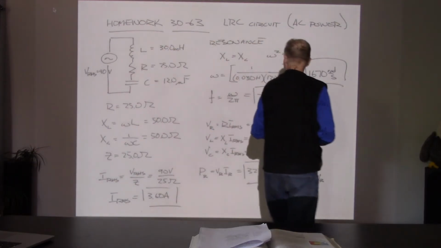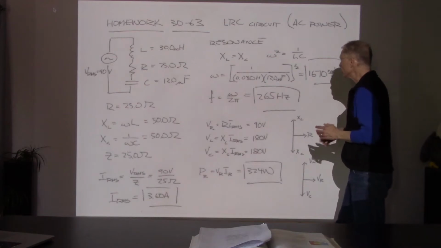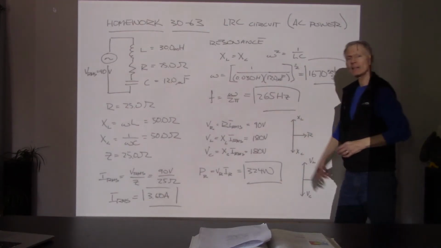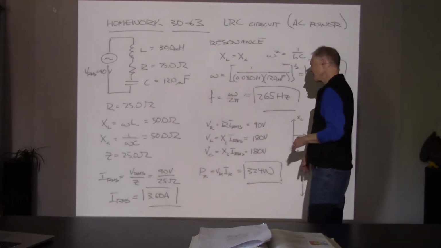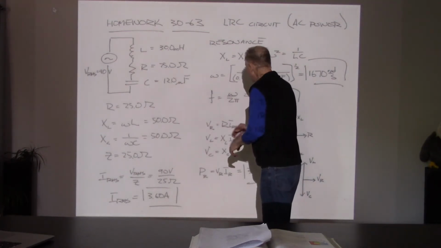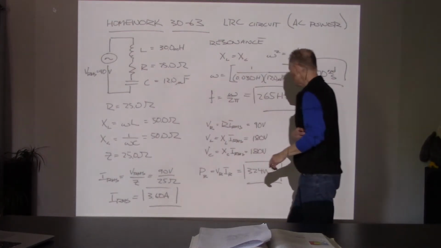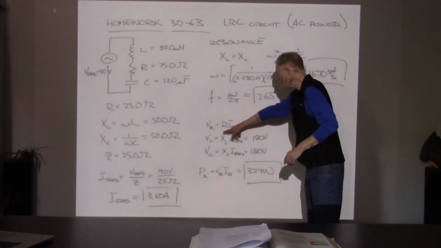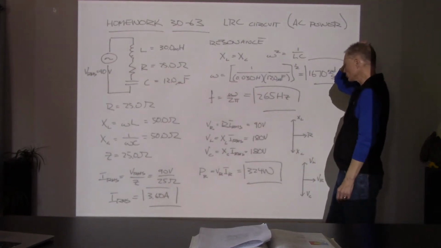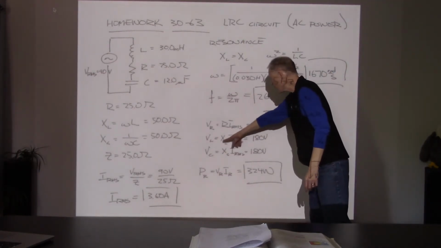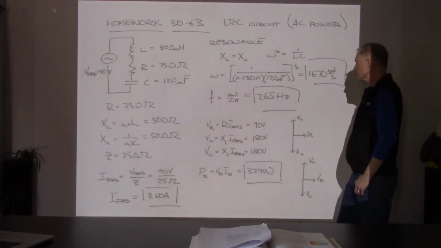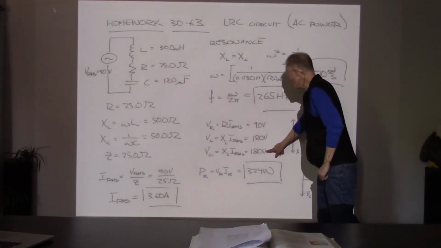It said that the peak voltage across the resistor is 90 volts. Actually, these are RMS values. The RMS value across the resistor is 90 volts, the RMS value across the inductor is 180, and the RMS value across the capacitor is also 180.